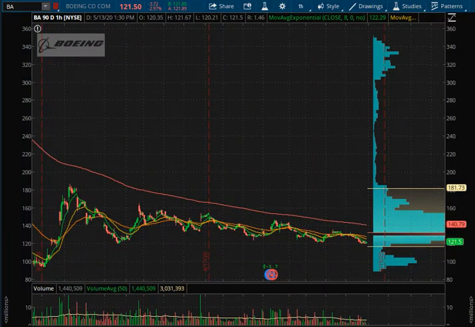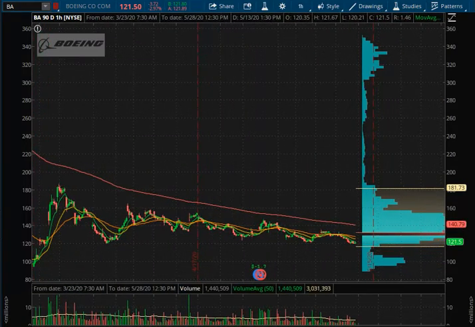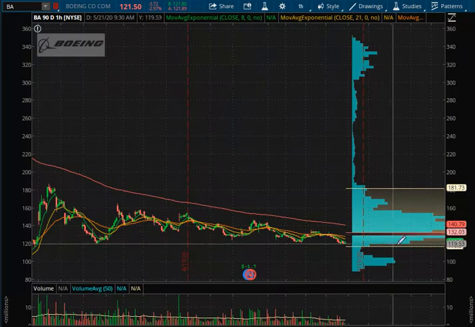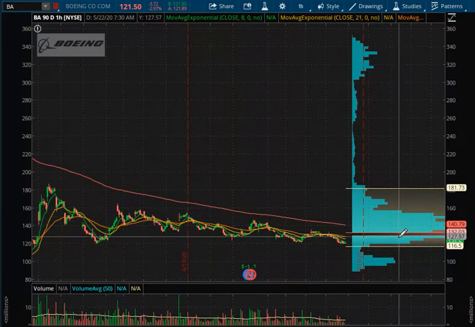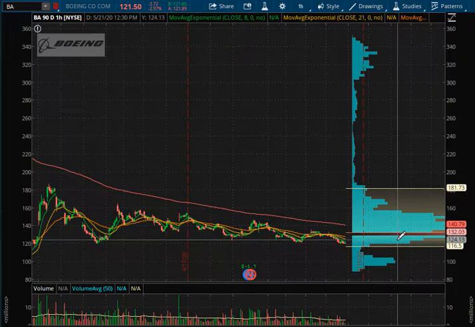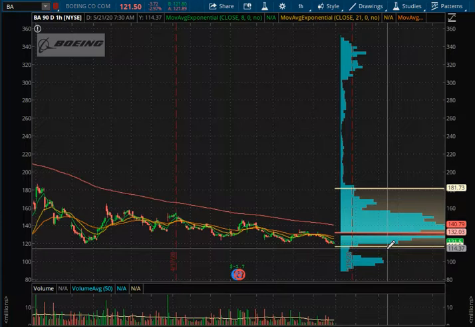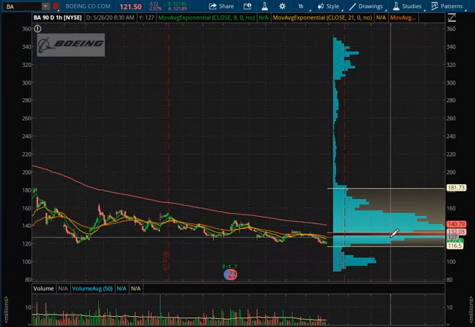I'm looking at the area where most of these lows are, slash market profile or volume profile over here, that shows where the highest concentration of buys and sells went off. So over here, 127 is the thickest portion of this, which we could expect to be the strongest support.